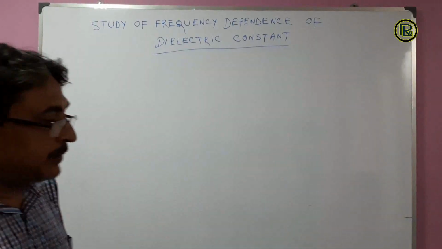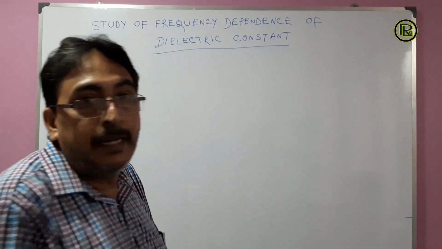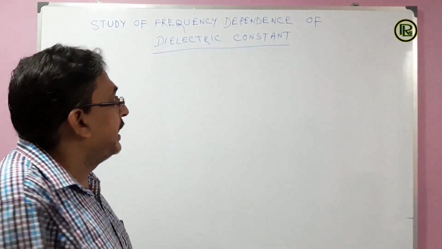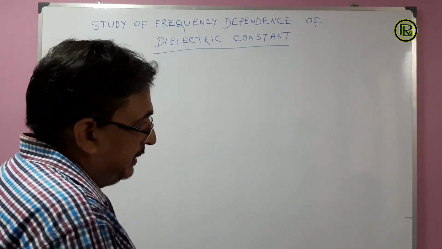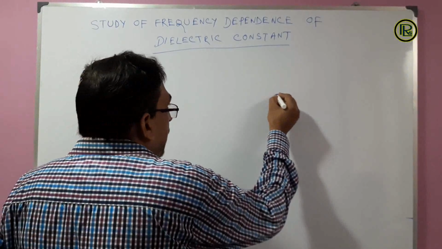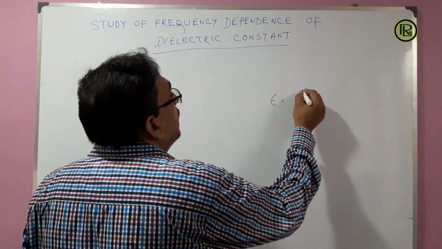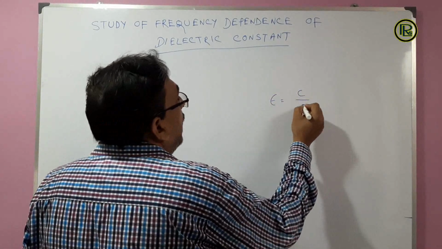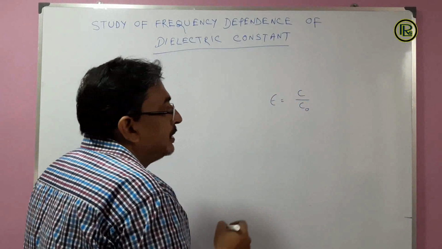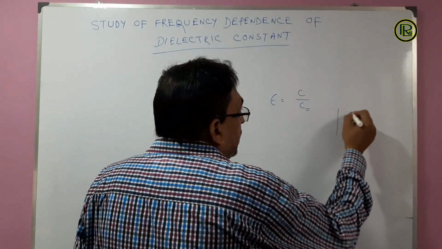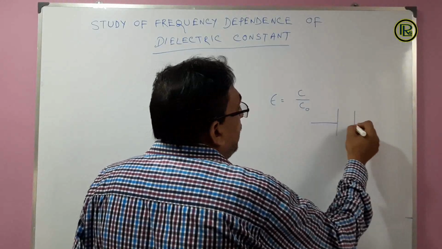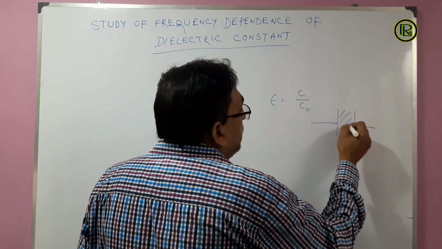First we have to understand what the dielectric constant is. The dielectric constant epsilon is the ratio of the capacitance C to the capacitance C naught.